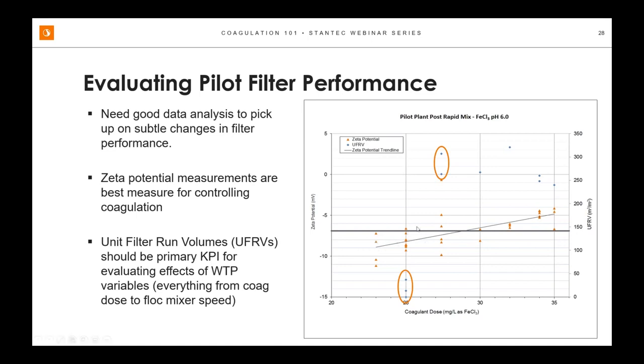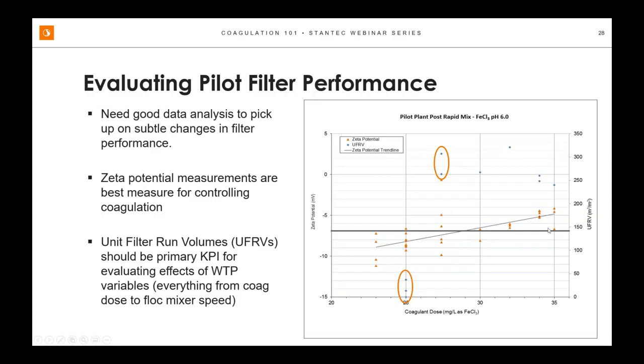And yeah, we get some spread here from day to day. And I do not have a good explanation for this. What we found was the more the operator did the Zeta Potential measurement, the tighter the data got.